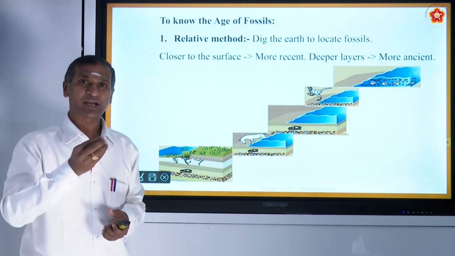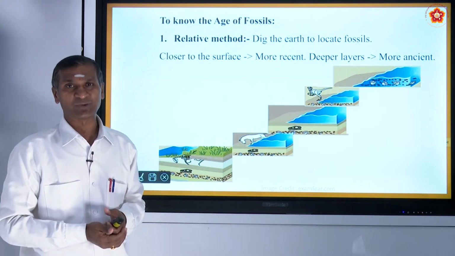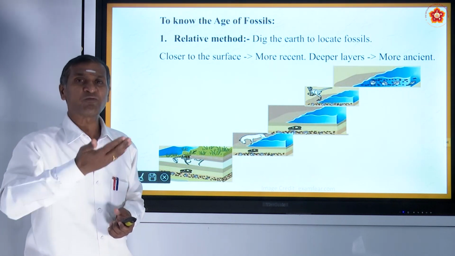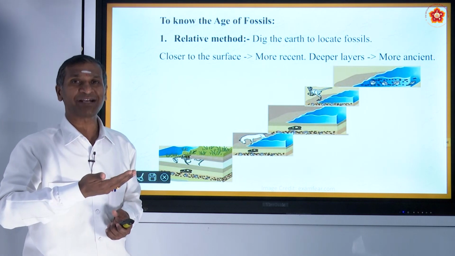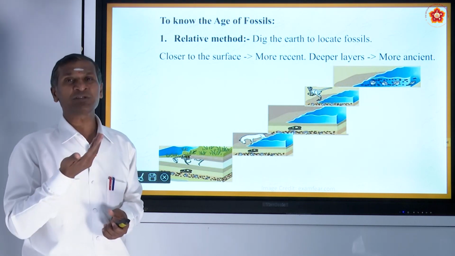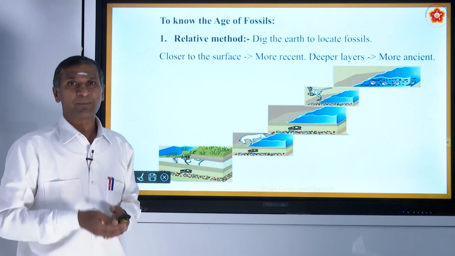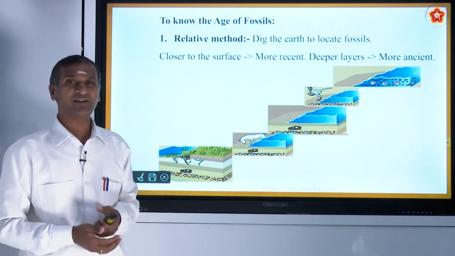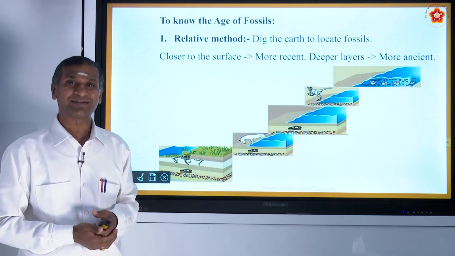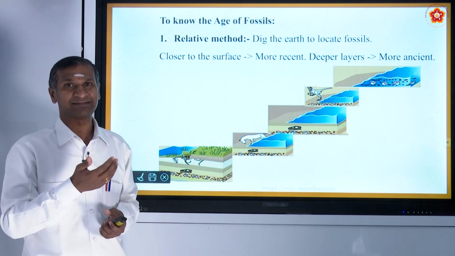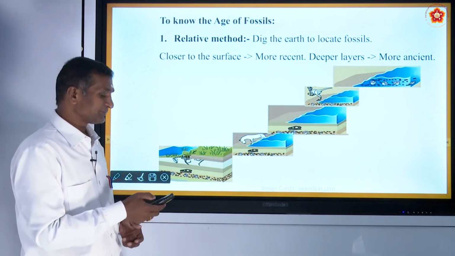If you find the remains in the topmost layer itself, then it is a more recent fossil. But if you get the remains in the deepest layer of the earth, then it will be ancient.